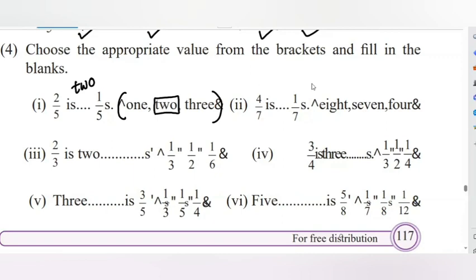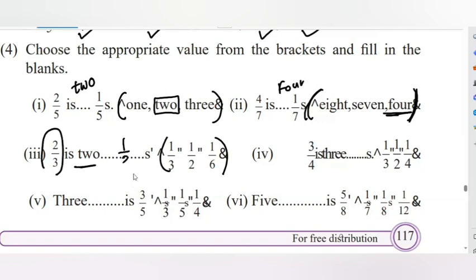4/7 is how many 1/7? 4. Yes, there are 4. You can underline or you can write. 4/7 is 4 1/7. 2/3 is 2, how many? 2 1 out of 3, or 1/3.